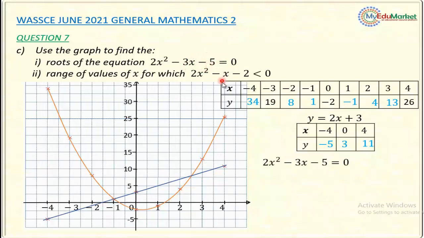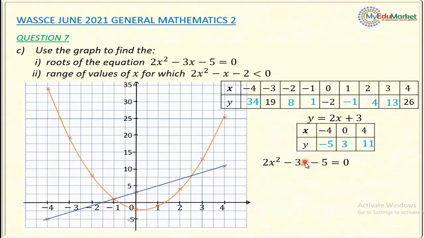So let me modify it. This is 2x squared minus 3x minus 5 equals 0, the one that I'm asked to find the roots of. So I have to modify it so that the left hand side now resembles exactly the one that I have drawn. To do that, I have to change minus 3x to minus x. I have to change the minus 5 to minus 2.